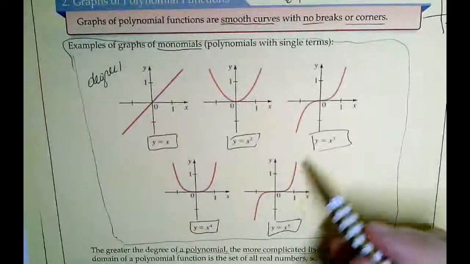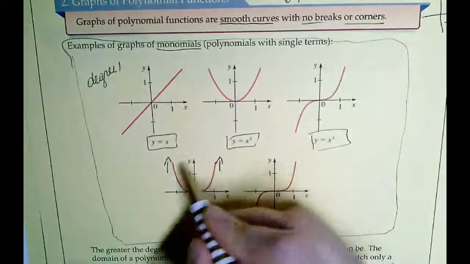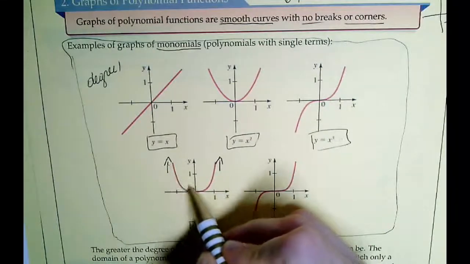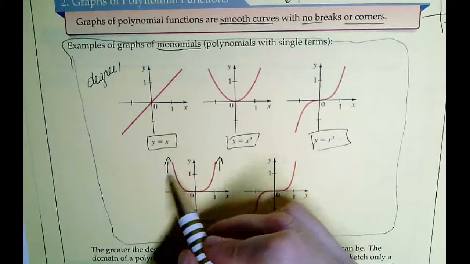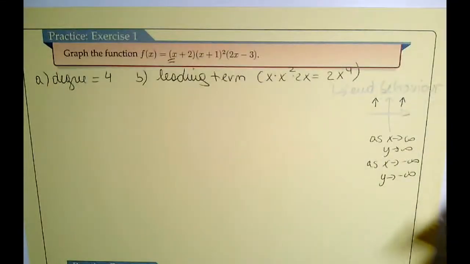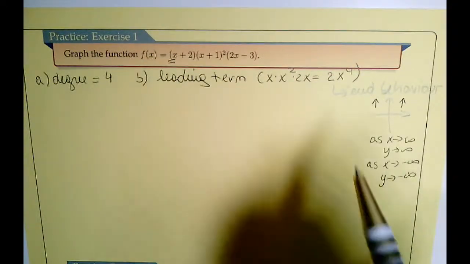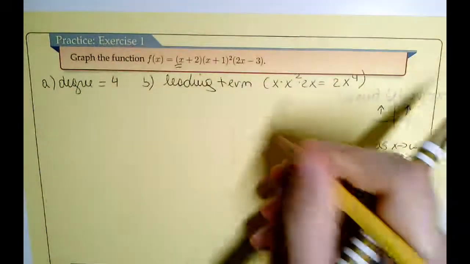Because it looks like this. So I just put the arrow, I'm just saying that it comes from up here and then it's going to do stuff and then it's going to end up here again. So both up on the left, up on the right. So this is going to allow me to draw my graph.